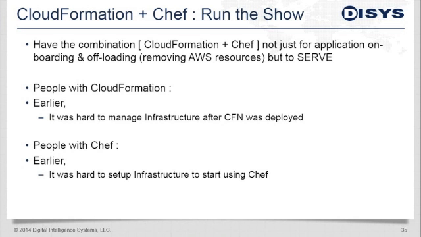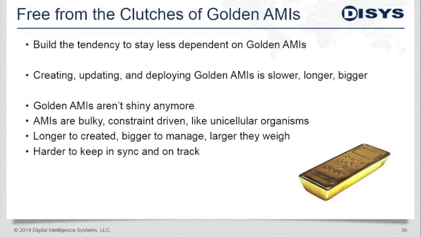And free from the clutches of golden AMI. We have seen that golden AMI is merely the way you would like to call it. All AMIs aren't golden AMIs, and every golden AMI is an AMI. More likely, the latest or the most desired AMI would be termed a golden AMI.